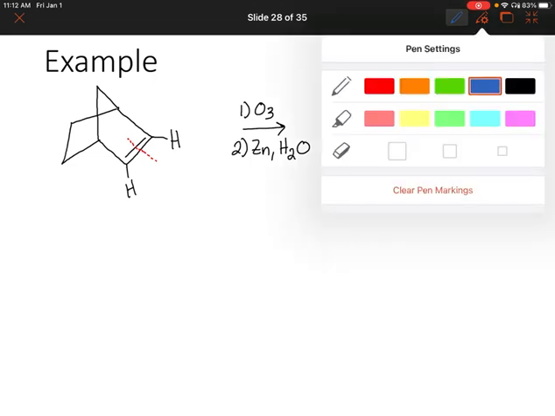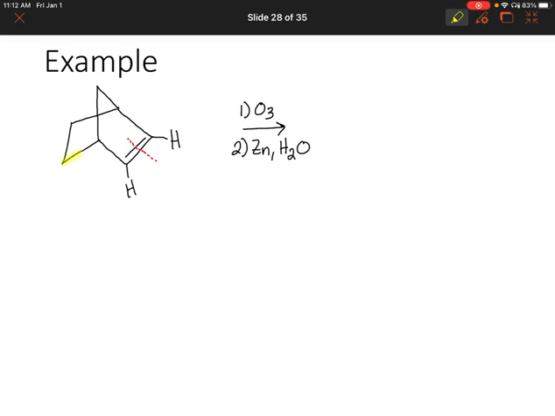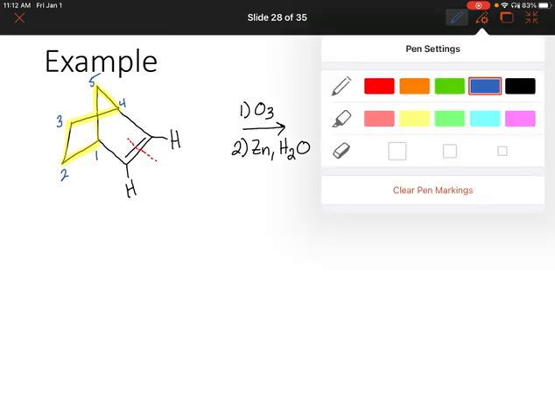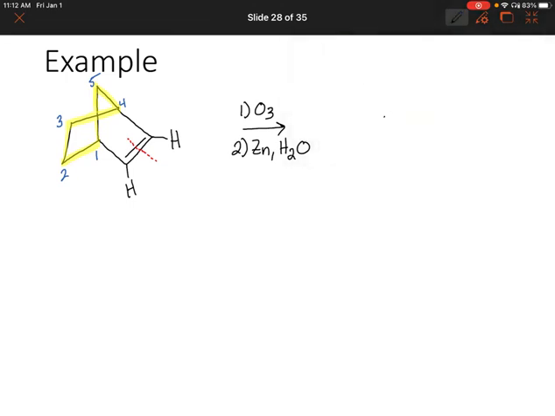So even though we're cutting open one of the rings, the other ring is still intact. So we still have this ring that I'm highlighting in yellow. So that is still intact. So let's number those carbons. 1, 2, 3, 4, 5. Okay, so that tells me that I still have a 5-membered ring.